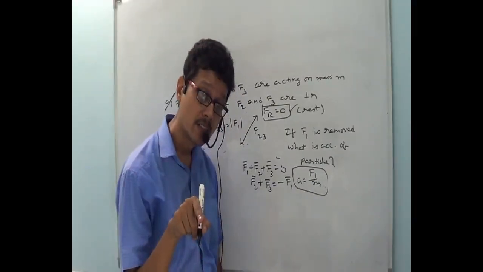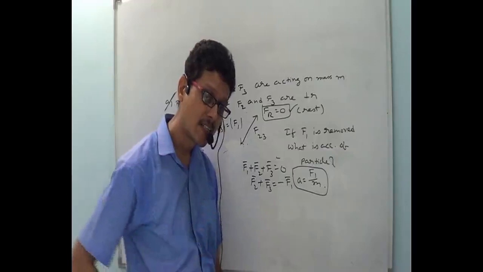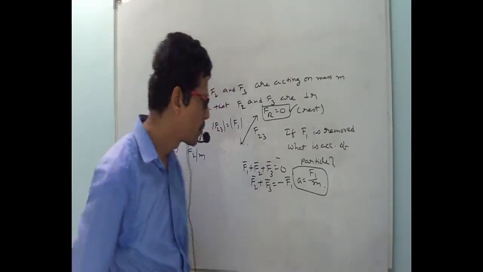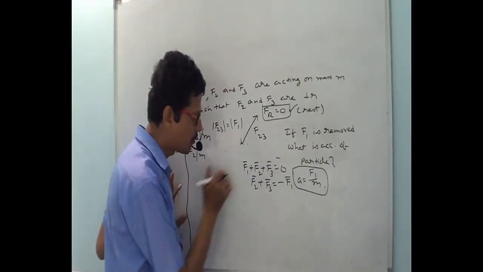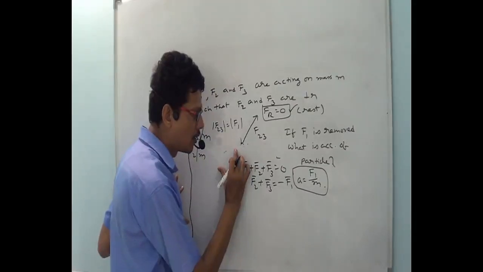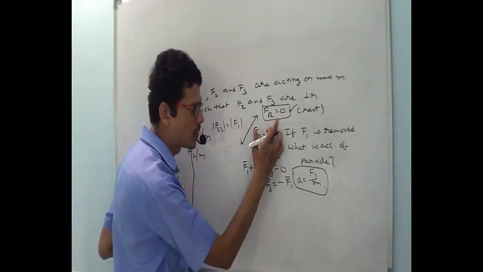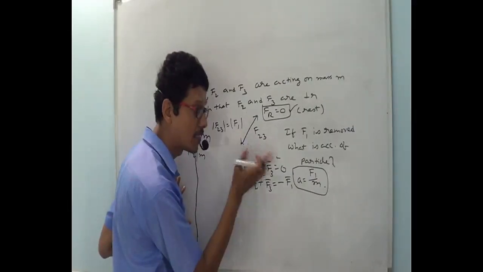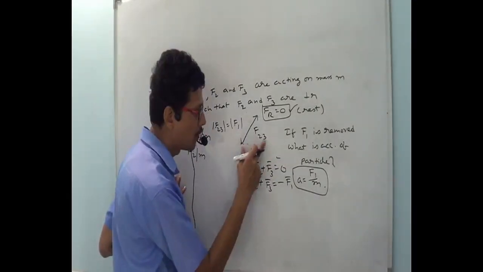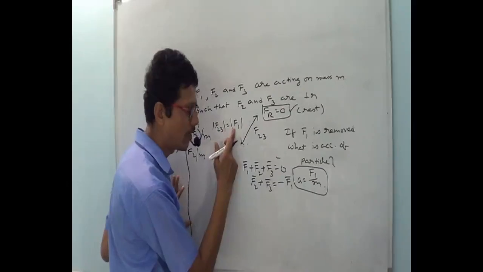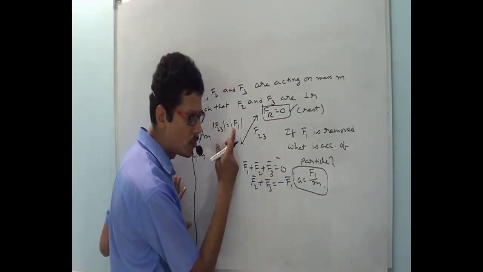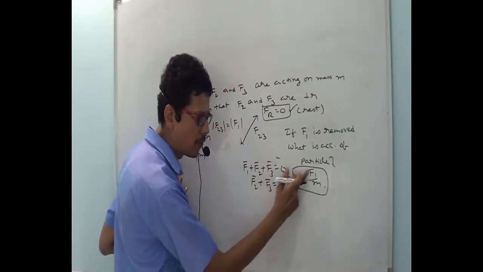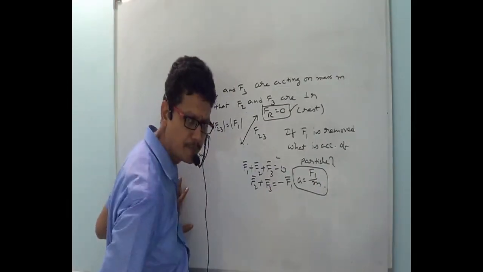Earlier, when it was cancelled, what is the meaning of that? Cancellation of this vector means the resultant force is becoming 0. Now this F1 is removed, the remaining two vectors are there, and their resultant will be acting. F23 is equal to F1. So F1 divided by M is the answer.